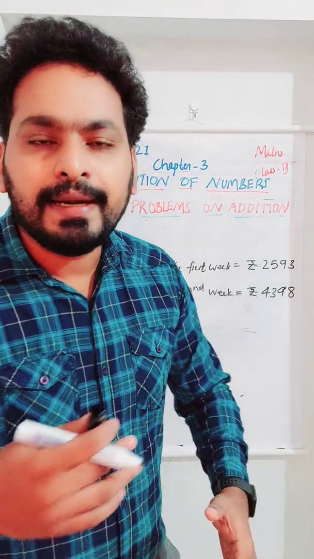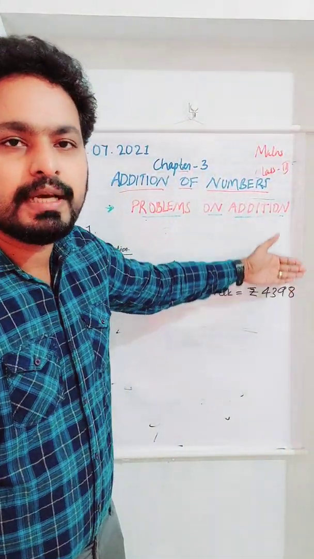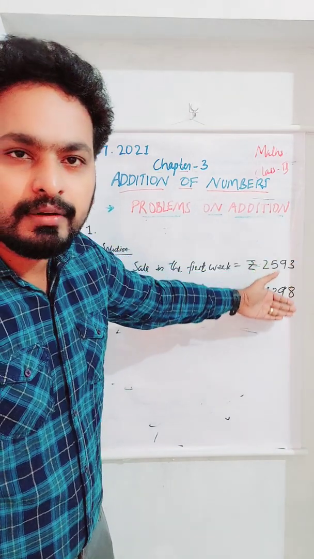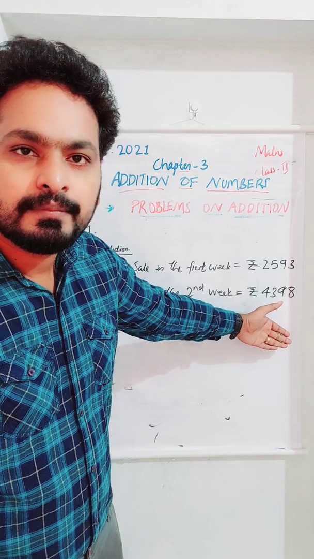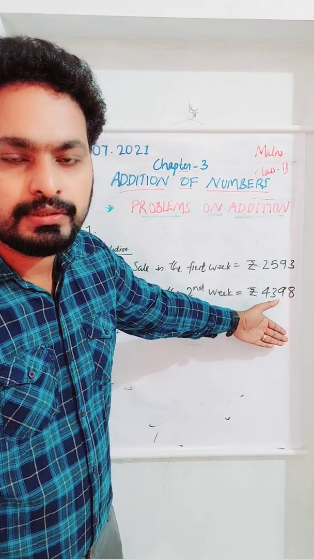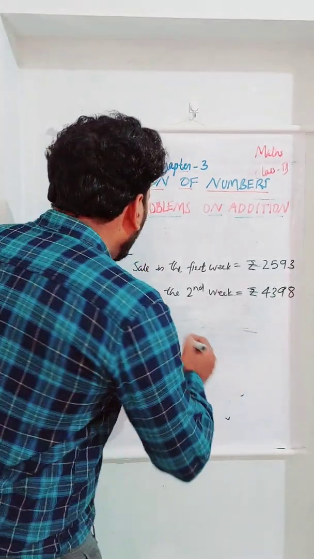So what is our solution? That solution will be the answer of these two numbers, or the addition or the result of these two numbers. Understood? So what is the next step? Next step क्या है? Total sale.